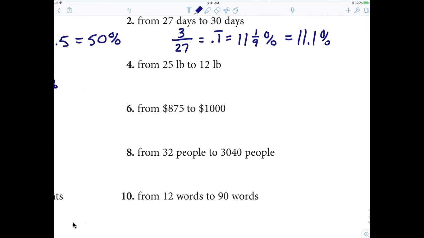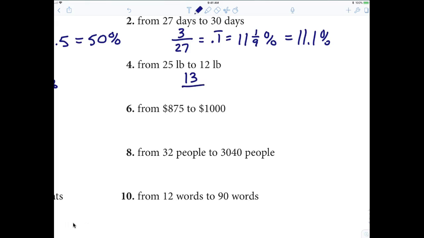Now, again, what's the change? From 25 to 12, so you're decreasing by how much? Do it on your calculator. Just type it in. Don't just say things. 13. What was the original amount? 25.